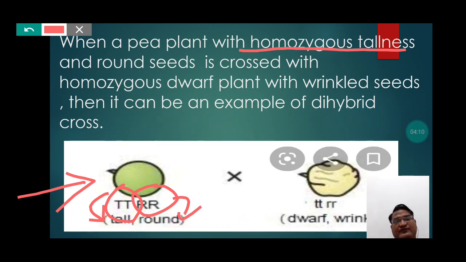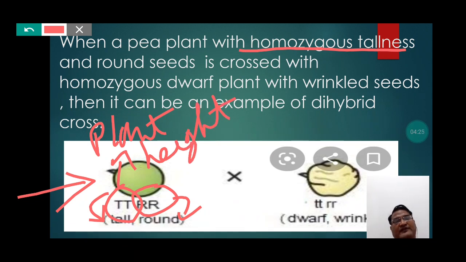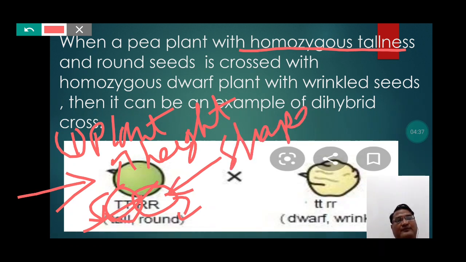So students, the first trait which is presented by it is the plant height. So that's the first trait, students, which is represented by capital T and capital T, and the second trait is being represented by the capital R, which is the shape of seed.